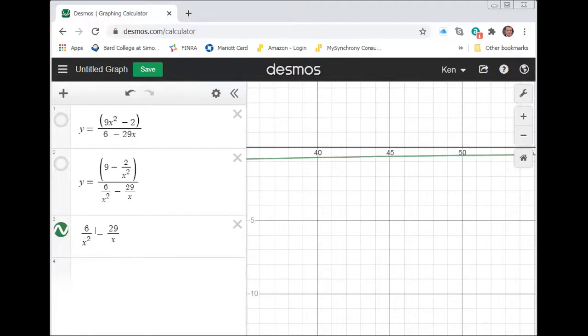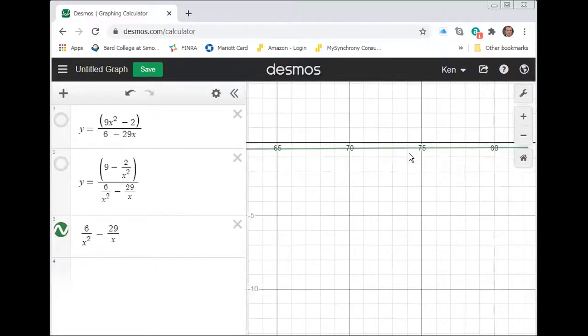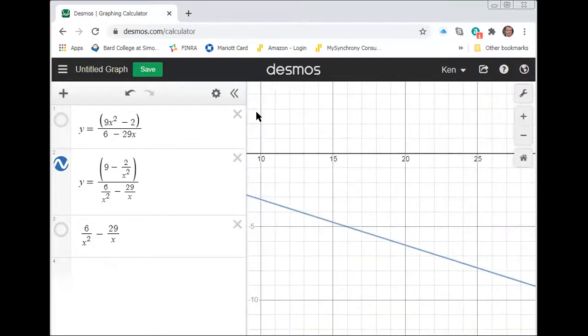So x squared is bigger than x, so 1 over x squared is going to be smaller than 1 over x. Actually, the 29 helps. So 29 over x is definitely going to be bigger than 6 over x squared for most values of x, and therefore that's why you have that small negative number causing this entire thing to go to negative infinity.